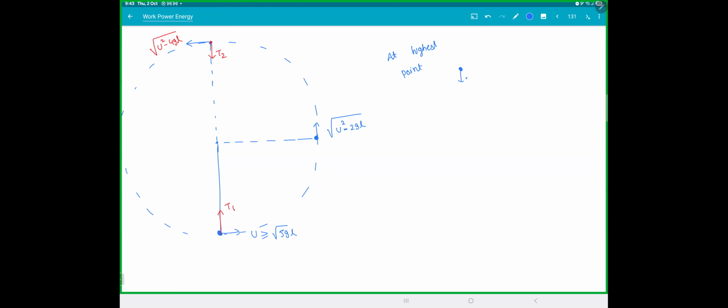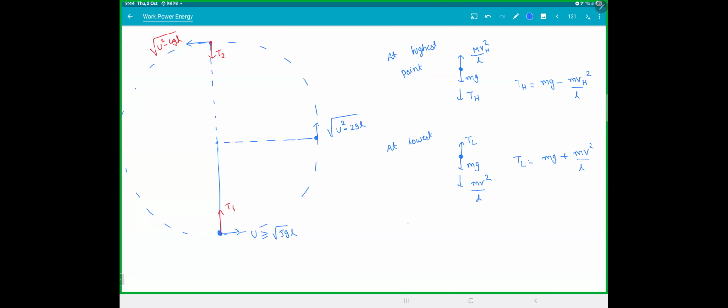At the highest point, you have mg downward, you have tension, I'll call it TH, and the centrifugal force mv square by L. At the lowest point, I'll call it TL, your mg is also downward and the centrifugal force is also downward. So tension at the lowest point, mg and mv square by L will add up.